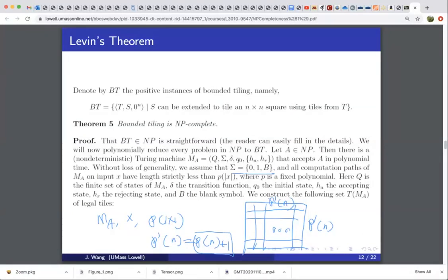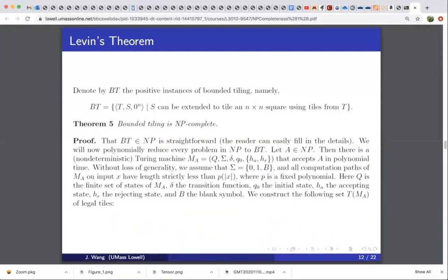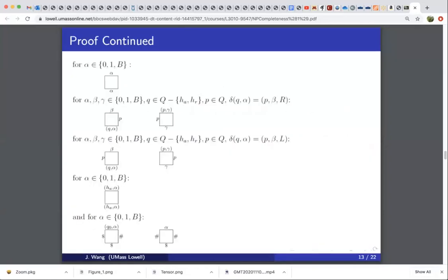Okay, so that is the setting, and then we're going to construct tiles for the purpose of representing a computation history of Turing machine MA on an input X. All right, so here is the construction.